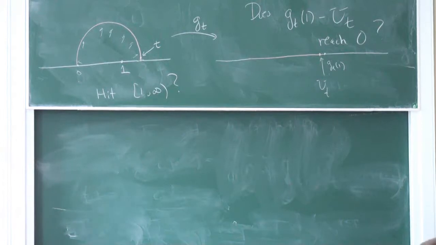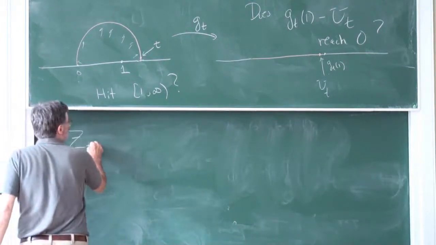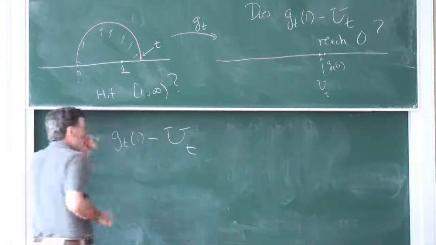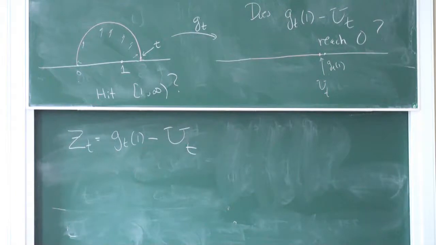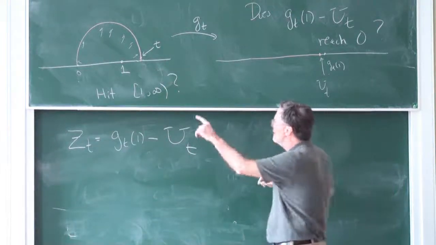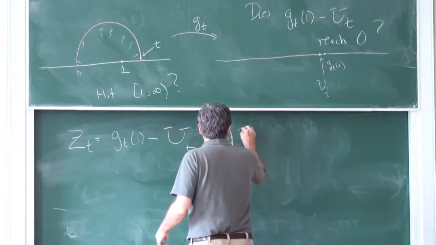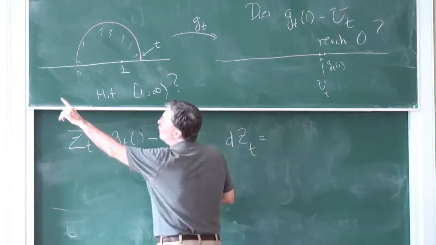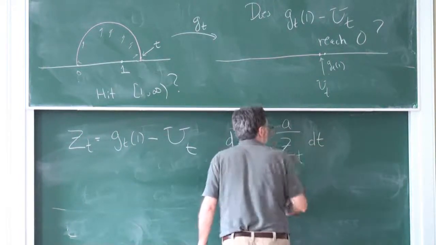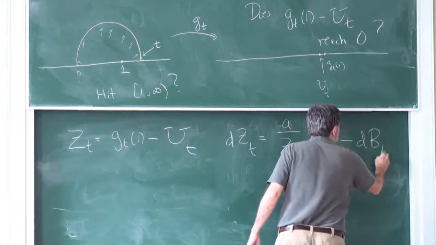But now let's look at this equation. We're going to stick z equals 1 in this equation. And let z_t be g_t of 1 minus u_t, which is the same thing as minus b_t. Then dz_t equals a over z_t dt minus a standard Brownian motion.